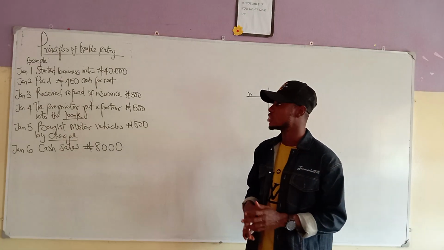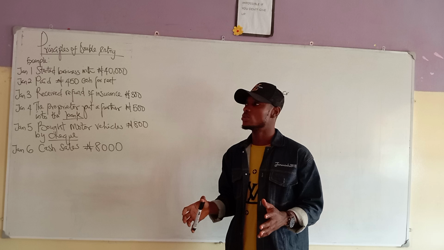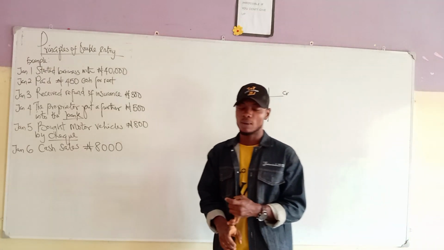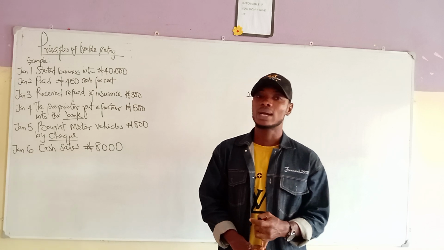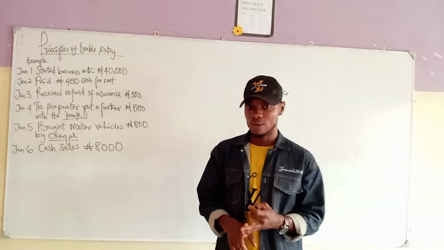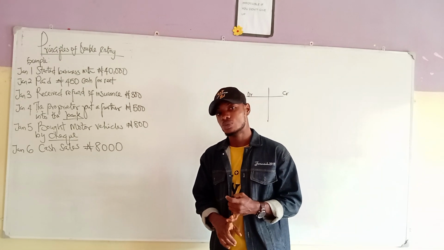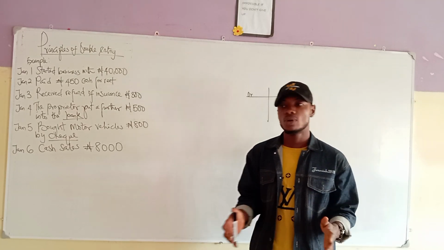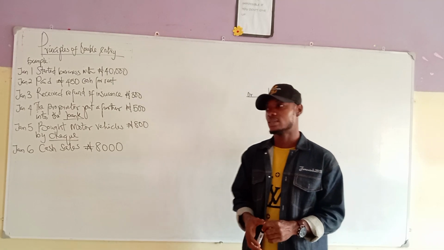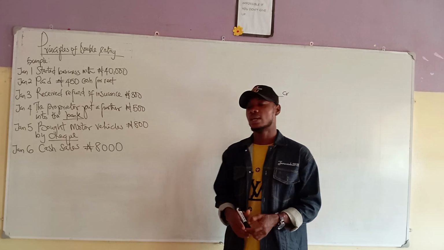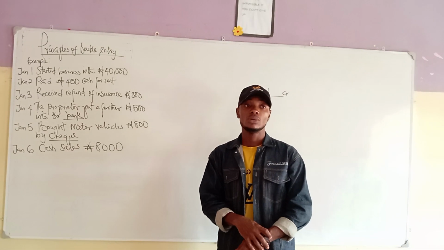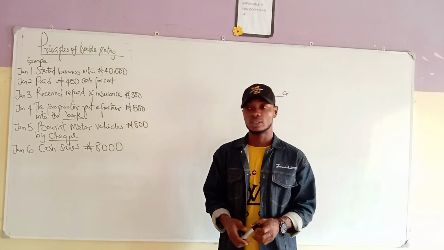And once we have a cash transaction, the only thing we need to look at is what? We look at our cash account and we look at our ledger account. Then also, if you are going into credit transactions, there are certain books that are used to record credit sales or credit purchases within an organization.